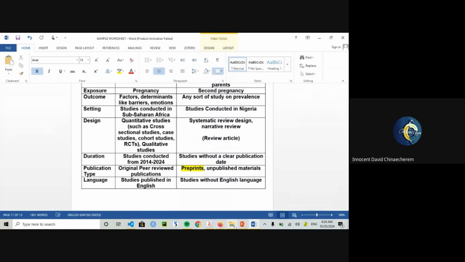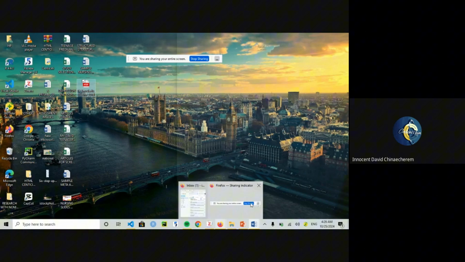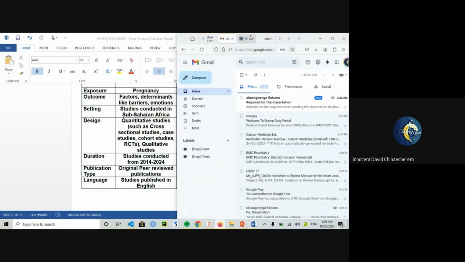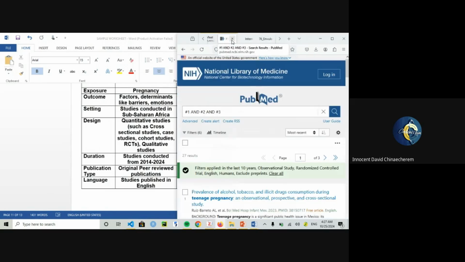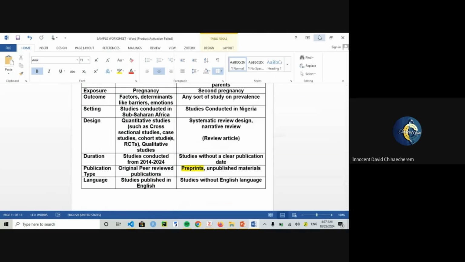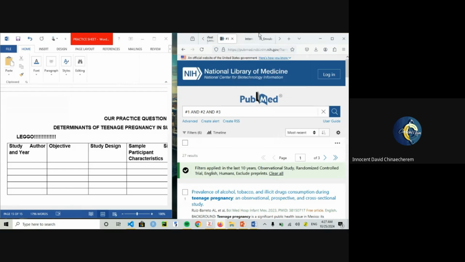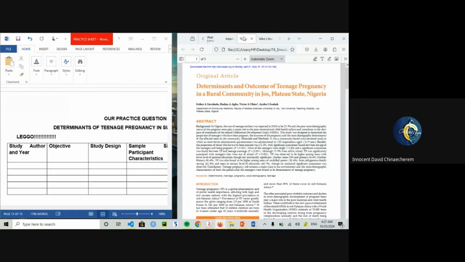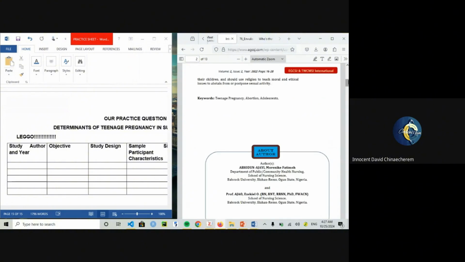I'll close this. So I have this. This is the first study.